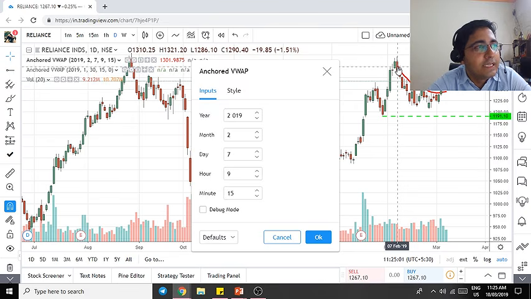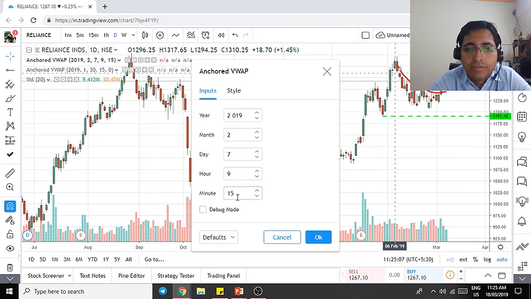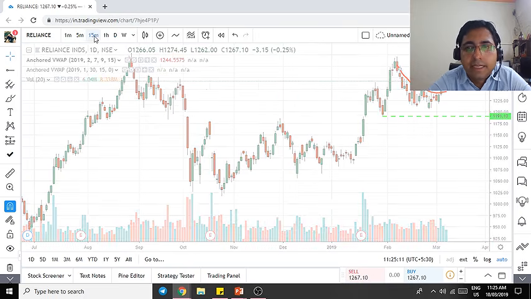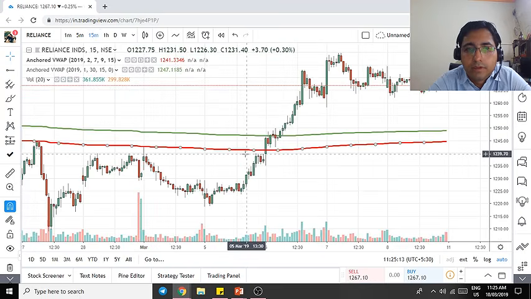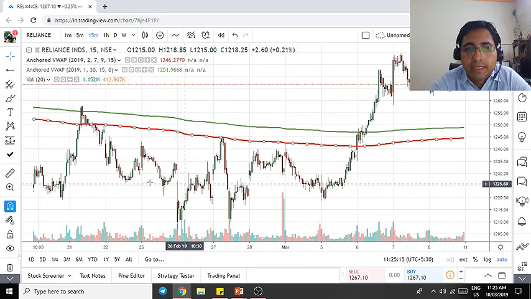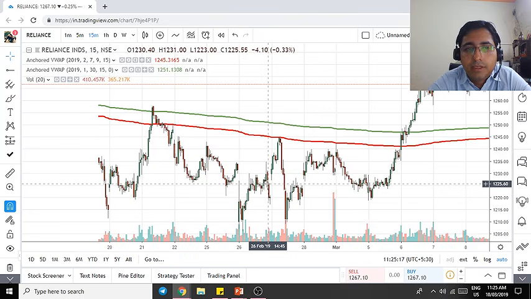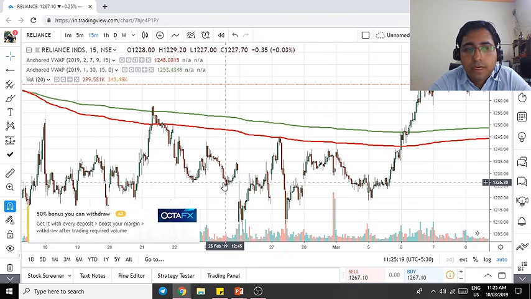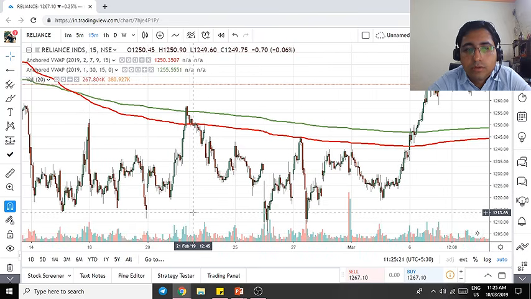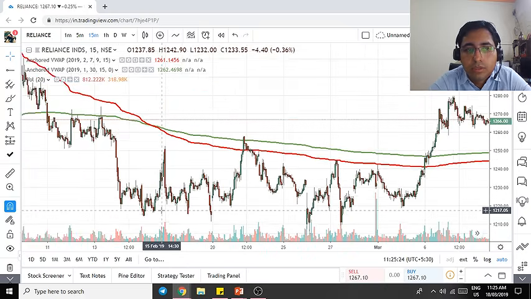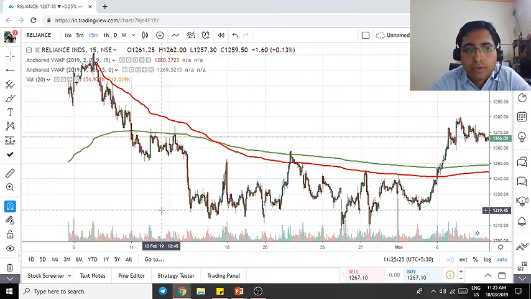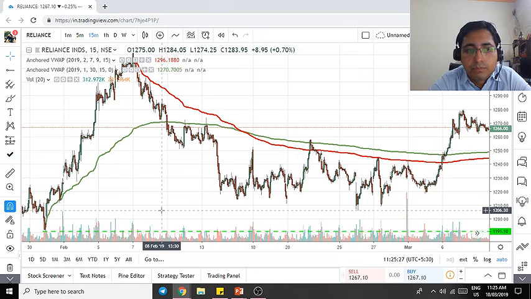And if you are doing it on a daily time frame, then you have to use 9:15. If I am doing it on an intraday time frame, I have the liberty to provide a more narrow time as input.